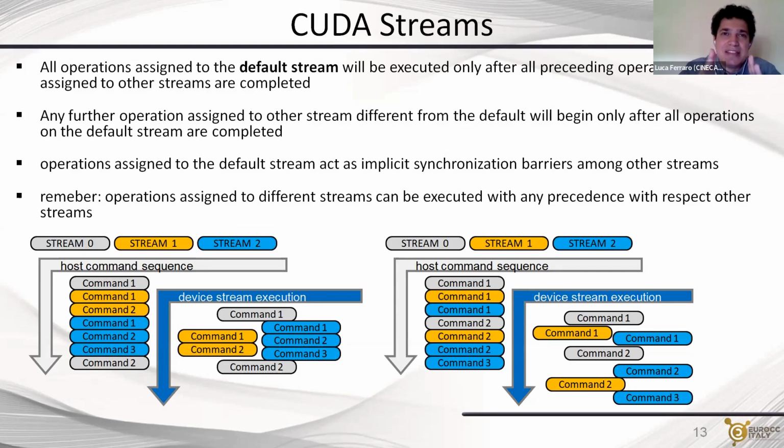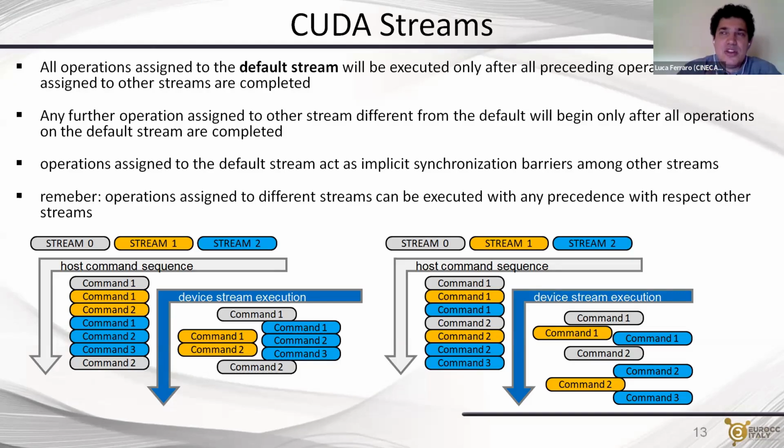You have to imagine that you can define more streams, more queues. Stream 0 is already there from the CUDA initialization. An operation pushed on the default stream cannot run concurrently with respect to other streams.